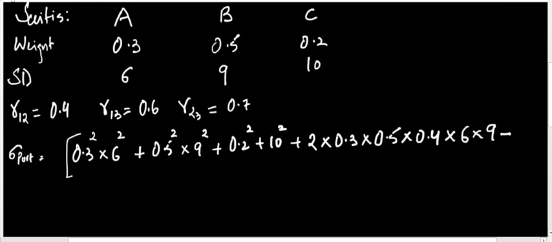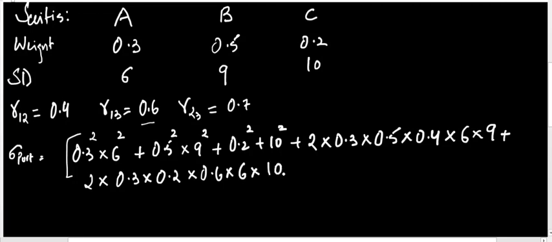Then I will move on to 2 times the weight of security 1, that is 0.3, and the weight of security 3, that is 0.2, and I have to multiply it with the coefficient of correlation between security 1 and 3, that is 0.6, and the standard deviation of security 1 multiplied by the standard deviation of security 3, that is 10.